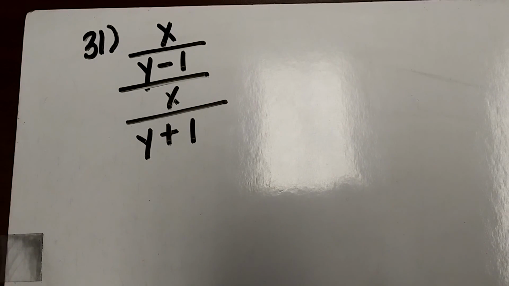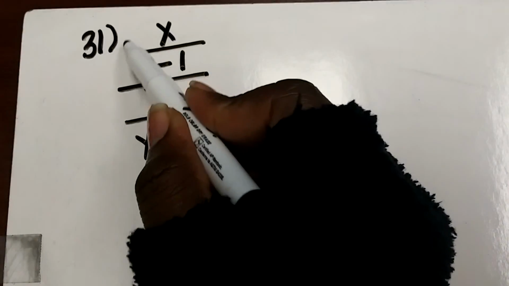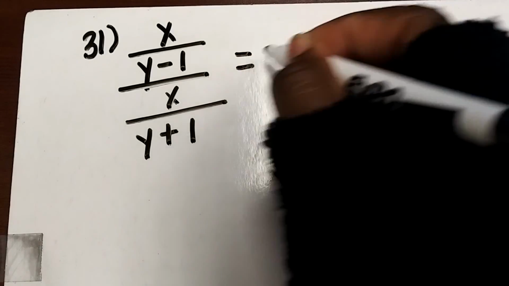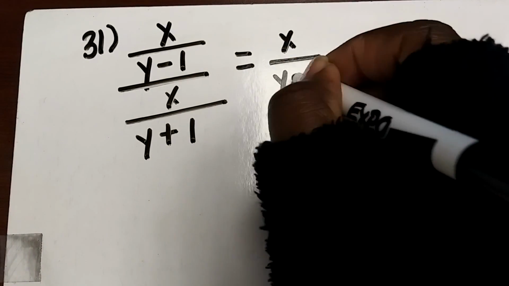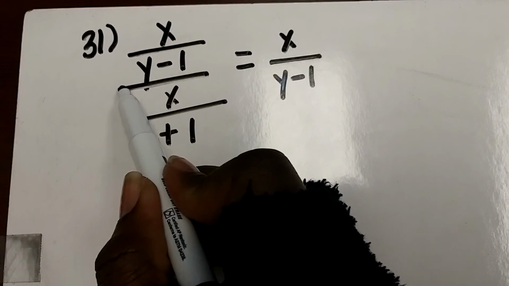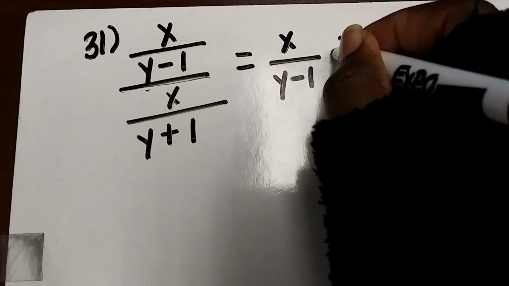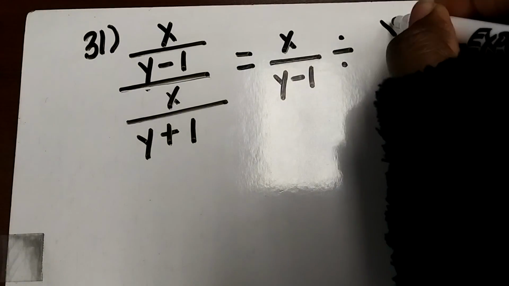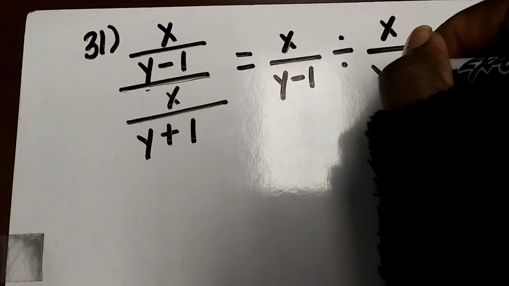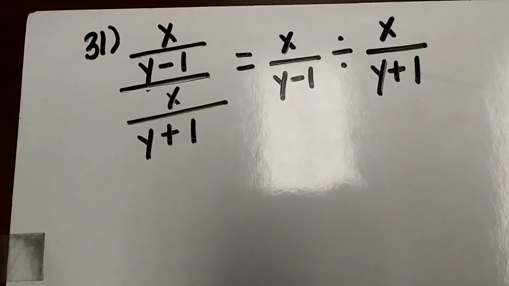I see two parts. I see my first part, which is x over y minus 1. I know that the fraction bar means divide. And I see my second part, x over y plus 1.